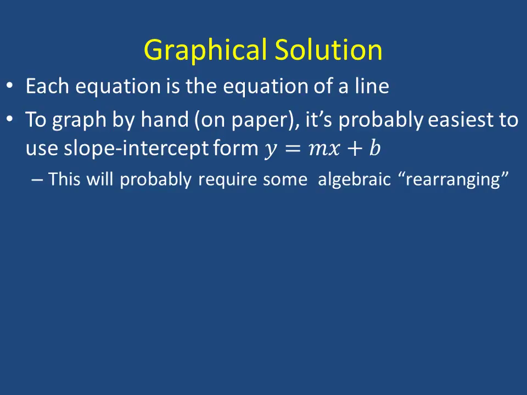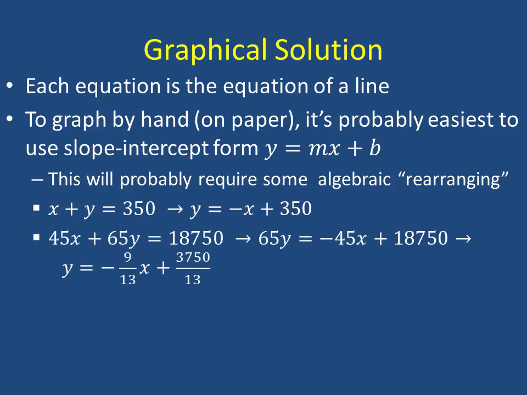So we'll probably have to rearrange the equations. In other words, x plus y equals 350 has to be changed into y equals minus x plus 350. And 45x plus 65y equals 18,750 has to be solved for y as well. And you can see there's a couple steps involved in doing that. Dividing by 65 and then reducing the fractions.